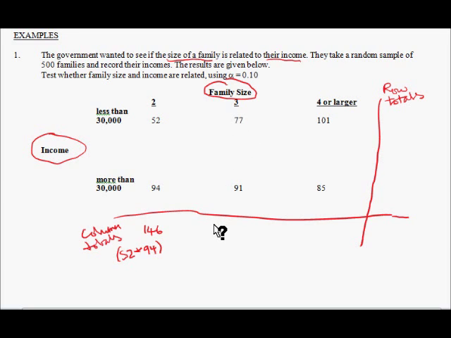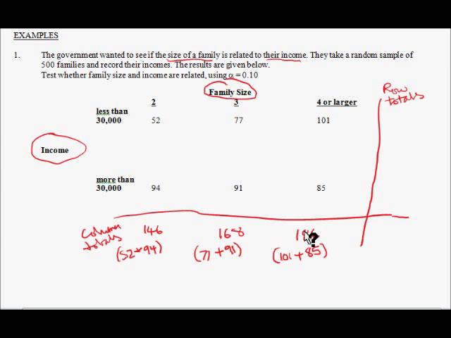77 plus 91 looks like, what, 168? So there are 168 families with only 3 in the family out of the 500 total. And here 101 plus 85 is easy, 186.